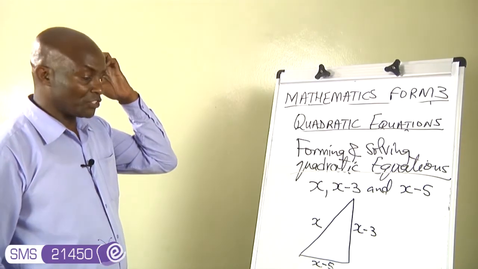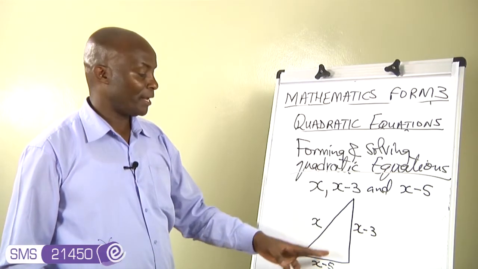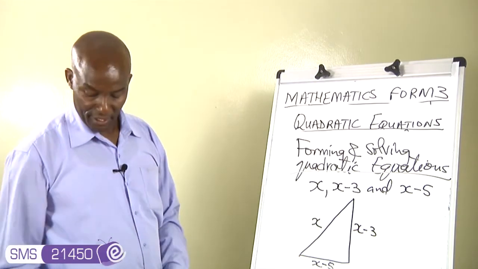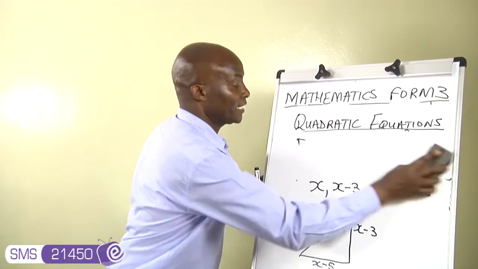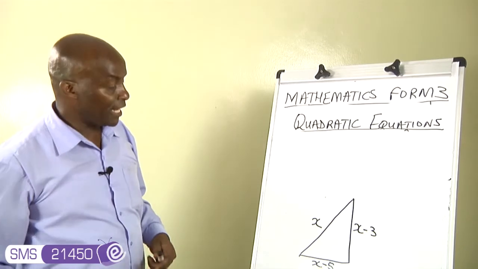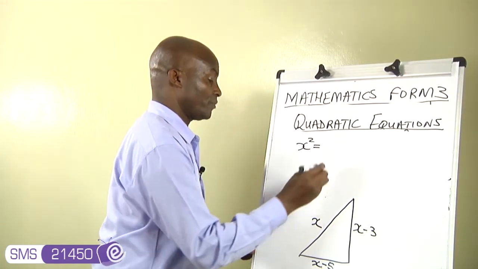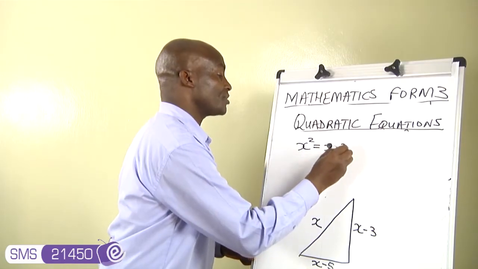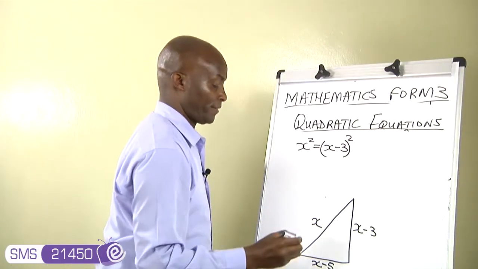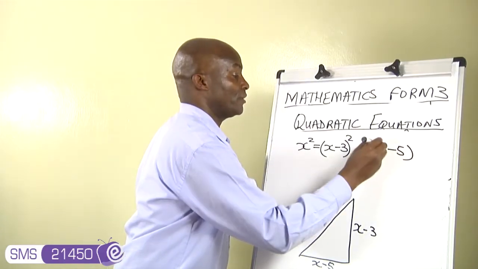Now, we know Pythagoras theorem is hypotenuse squared is equal to opposite squared plus adjacent squared. Therefore, we write that using the x: x squared is equal to x minus 3 squared plus x minus 5 whole squared.